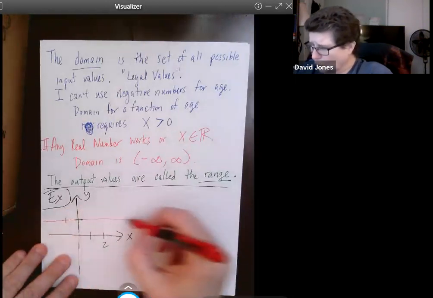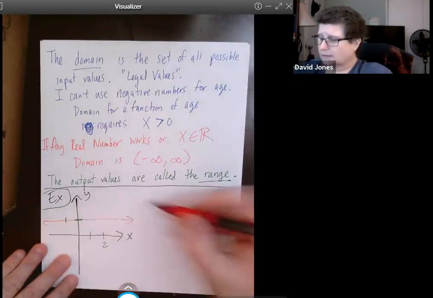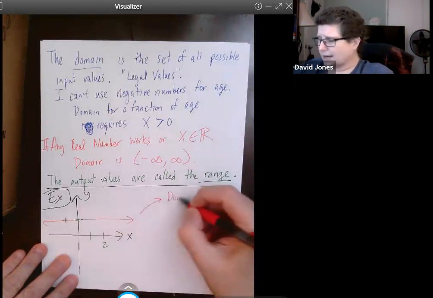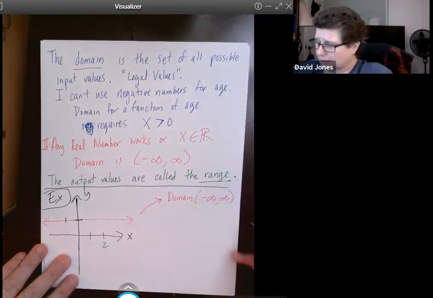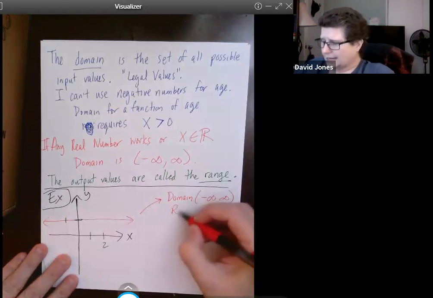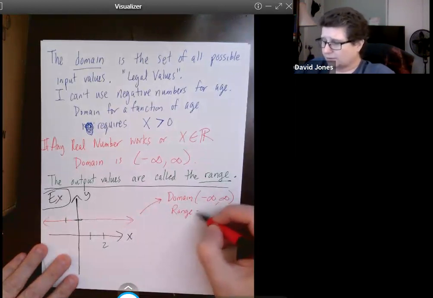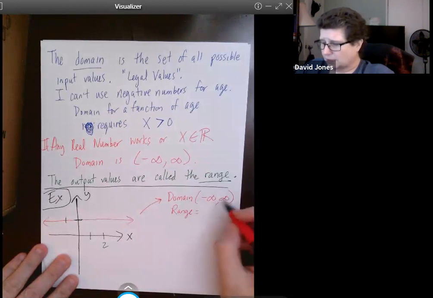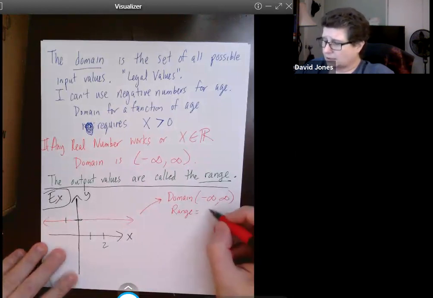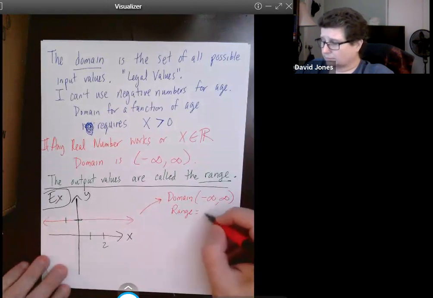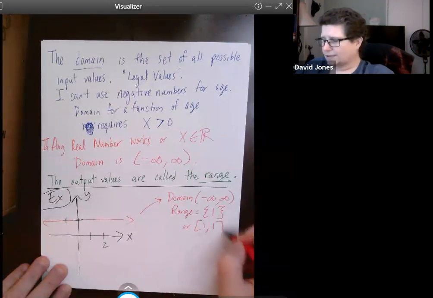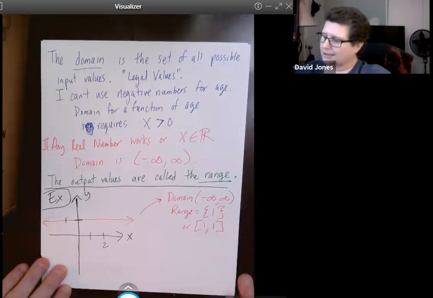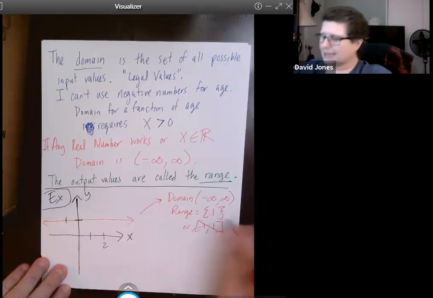If I draw a horizontal line, the horizontal line has a domain of all real numbers. It can be any number, but the range is only one value. It's 1. Or 1, 1, starts at 1, ends at 1. Most people don't do that.